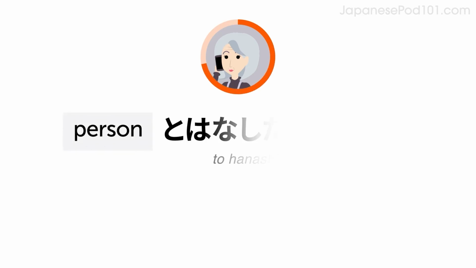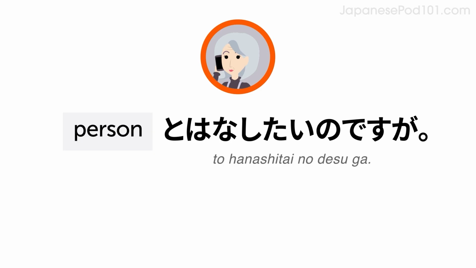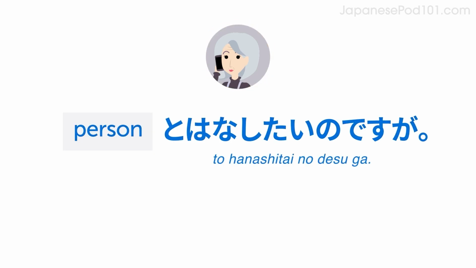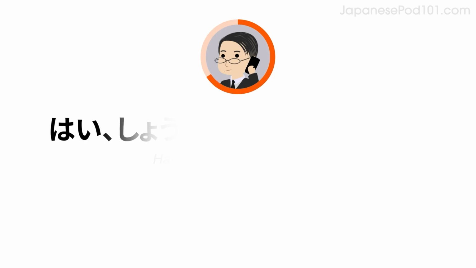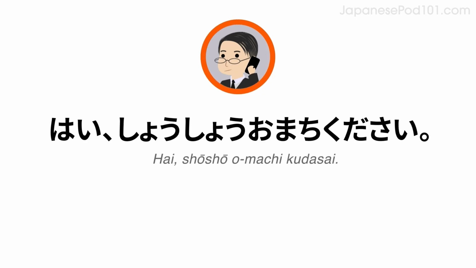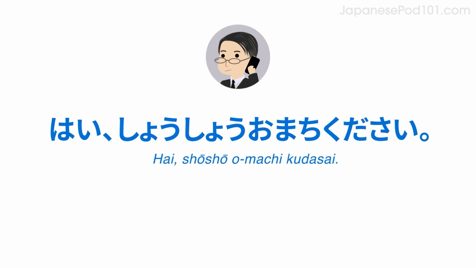Okay, now it's your turn. Do you remember how to say, I'd like to speak with person? Person. と話したいのですが。 And how do you answer it? はい。少々お待ちください。 Imagine you want to talk to a sales representative.